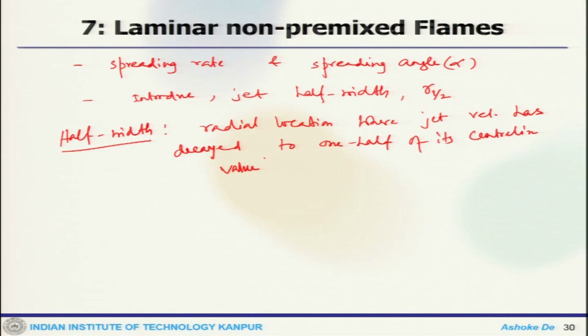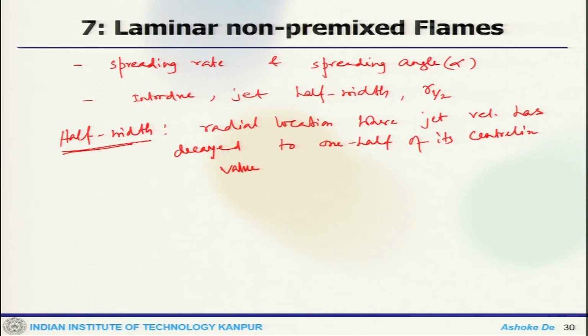That means along the radial direction it is basically a width. So, you find the radial width where the jet velocity decays to 1/2 of the central line value. This is what one can term as a half width.